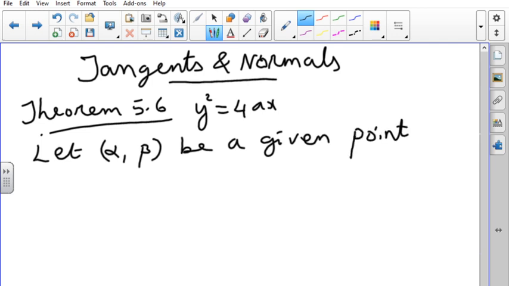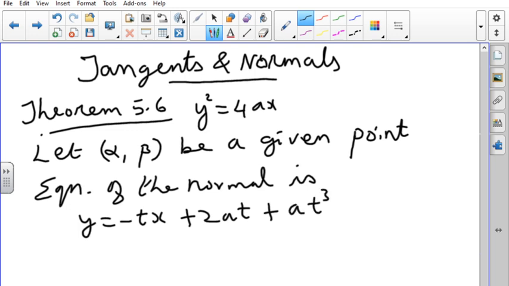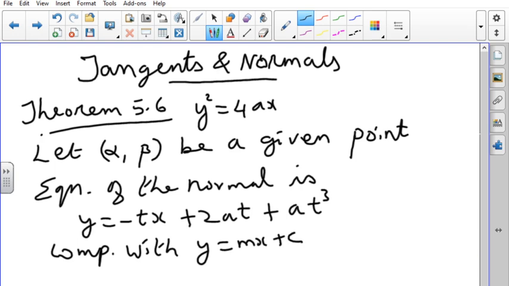Then we know that the equation of the normal in the parametric form is y is equal to minus tx plus 2at plus at cube. Comparing with the straight line y is equal to mx plus c, m is equal to minus t.